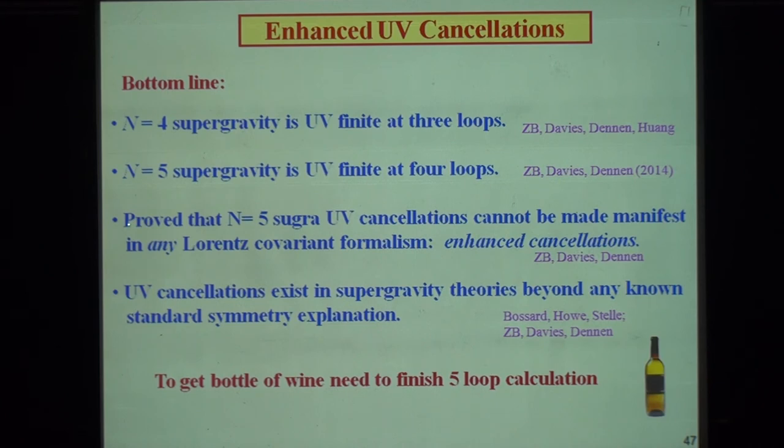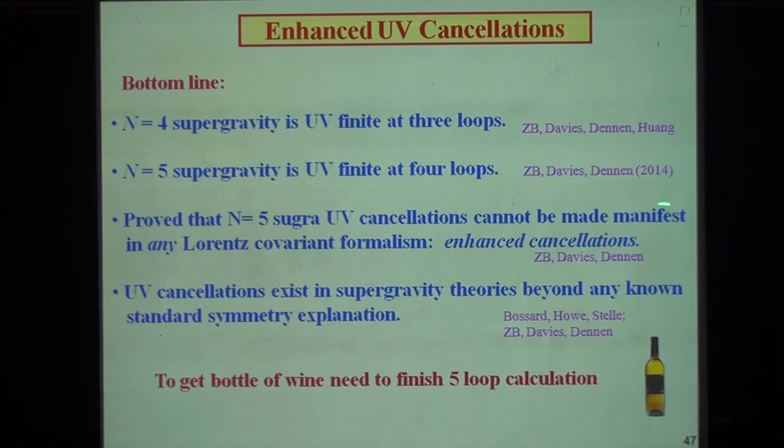We proved that the ultraviolet cancellations for N equals 4 at 3 loops, and also N equals 5 at 4 loops, cannot be made manifest in any Lorentz covariant formalism.